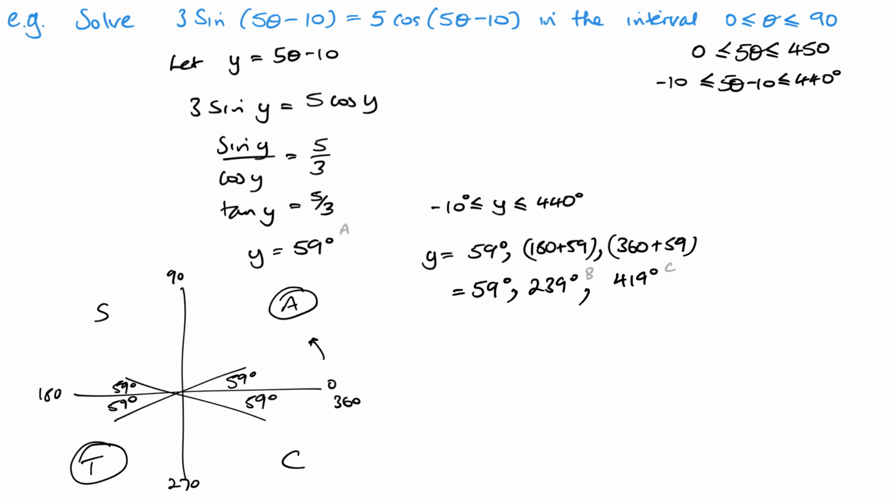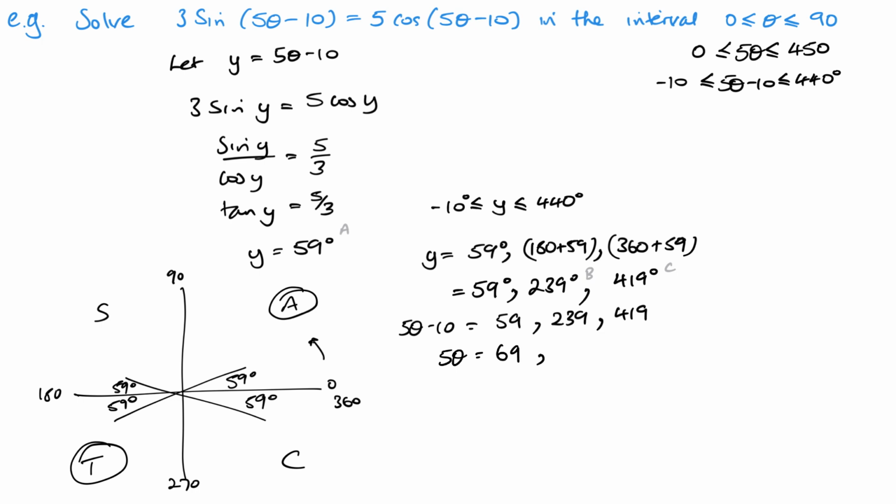So that was my y's. Now 5 theta minus 10 is what y is, so y and this are the same thing, and we jump straight in. What I need to do is add 10 and then divide by 5.